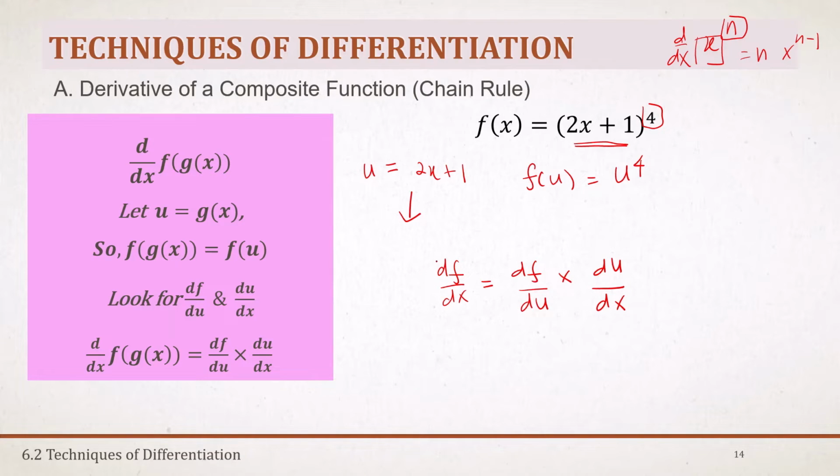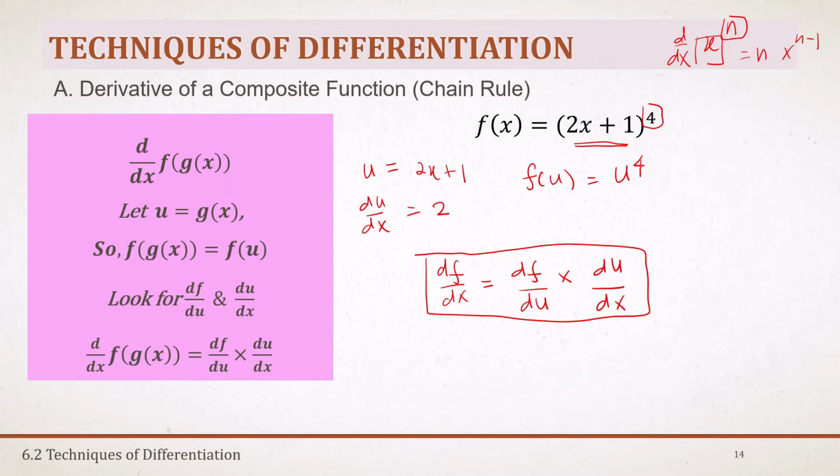So this one is what we mention as the chain rule. Now differentiate 2x plus 1, so du/dx is 2, and differentiate df/du equals 4u.